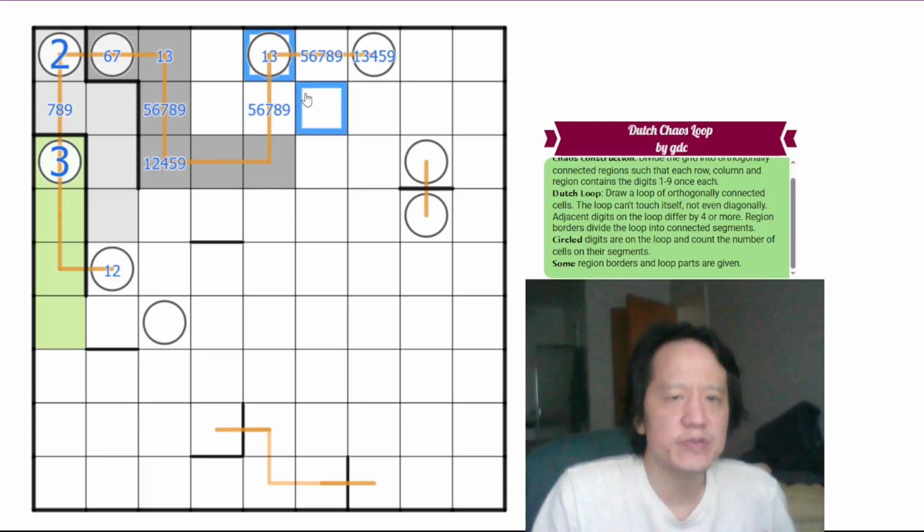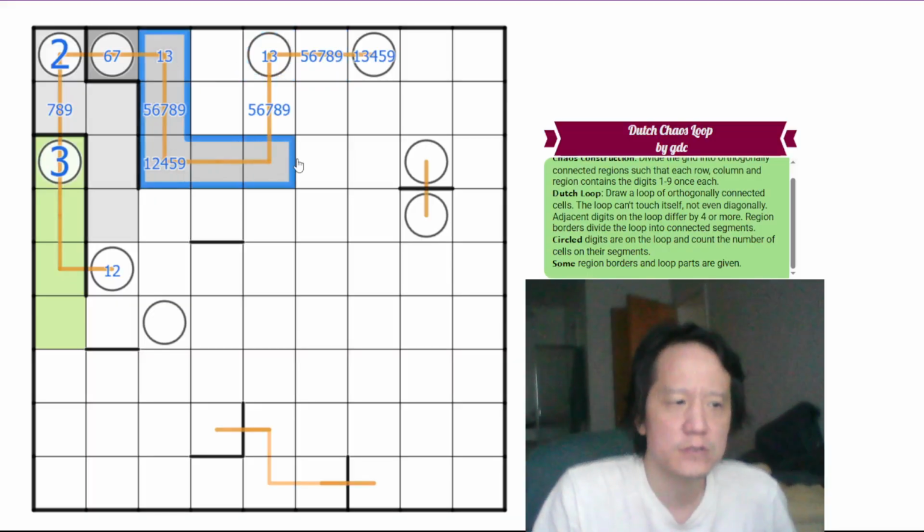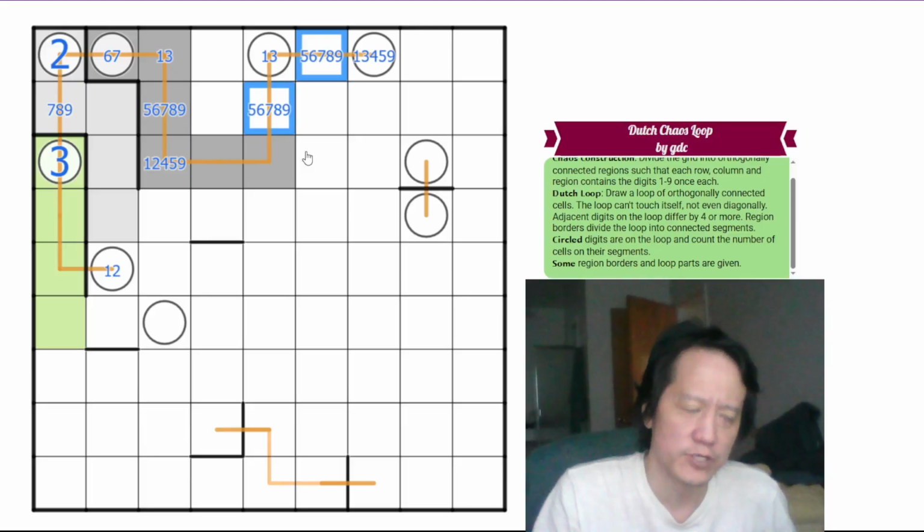And the problem is this is a region. If it's just 1, how does that form a region? It can't be part of the gray region. Oh, unless it is part of the gray region. It has to be part of the gray region then.